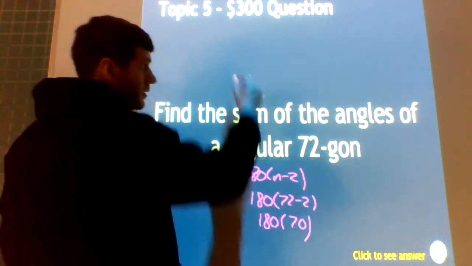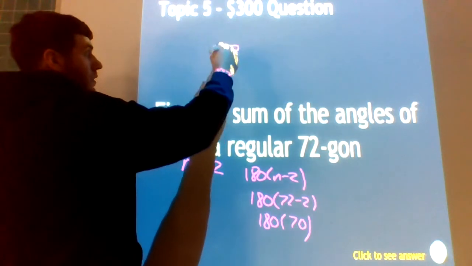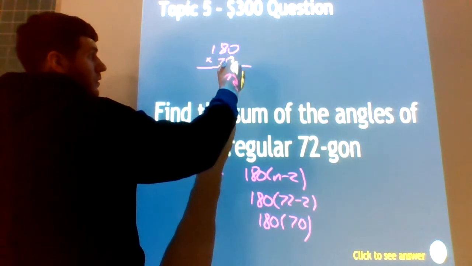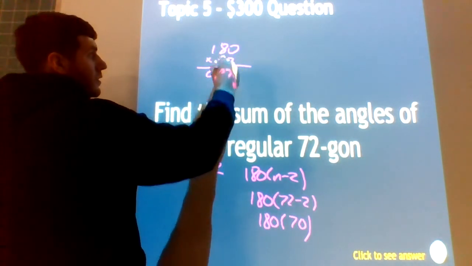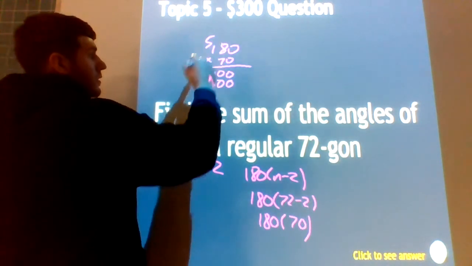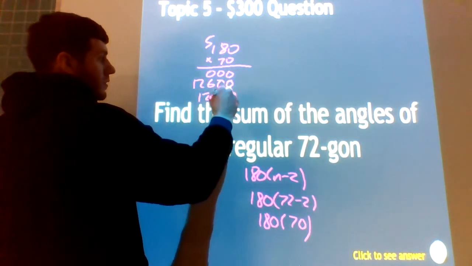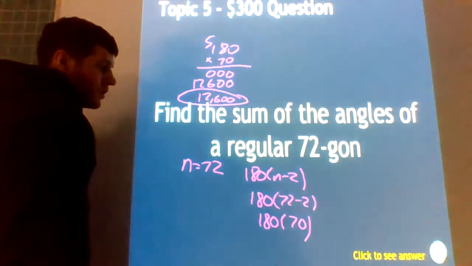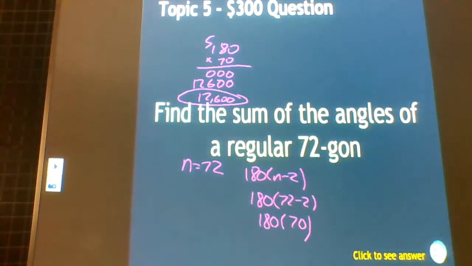I have no idea what that's going to be. 12,600 should be your answer. That's the sum of all of them. If you wanted to find each one, you would divide by 72.